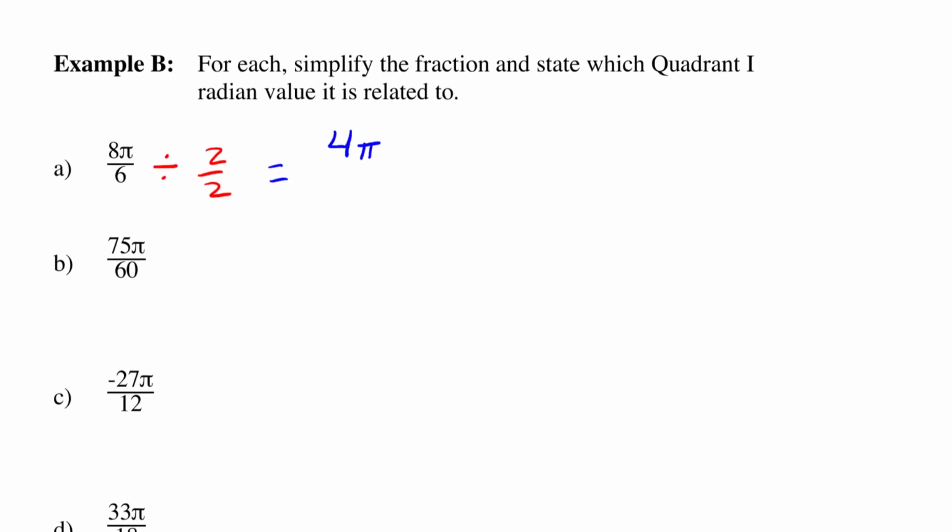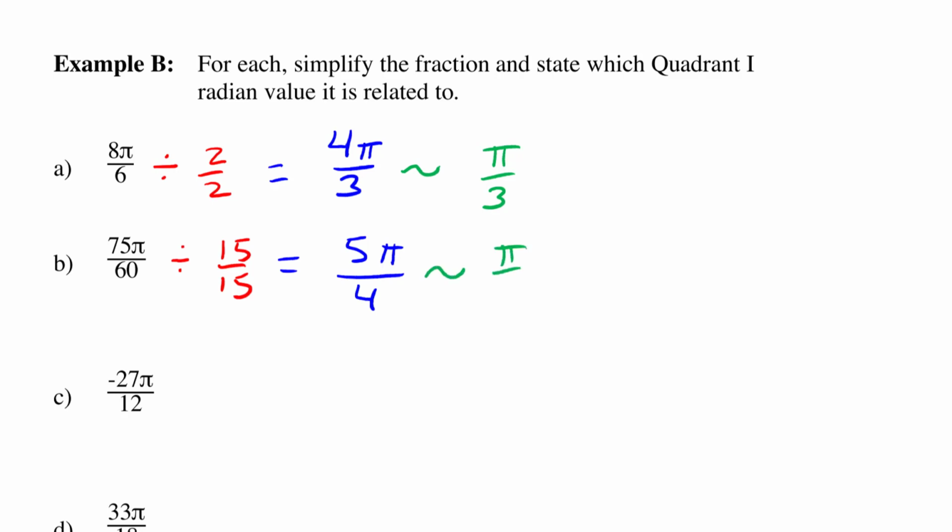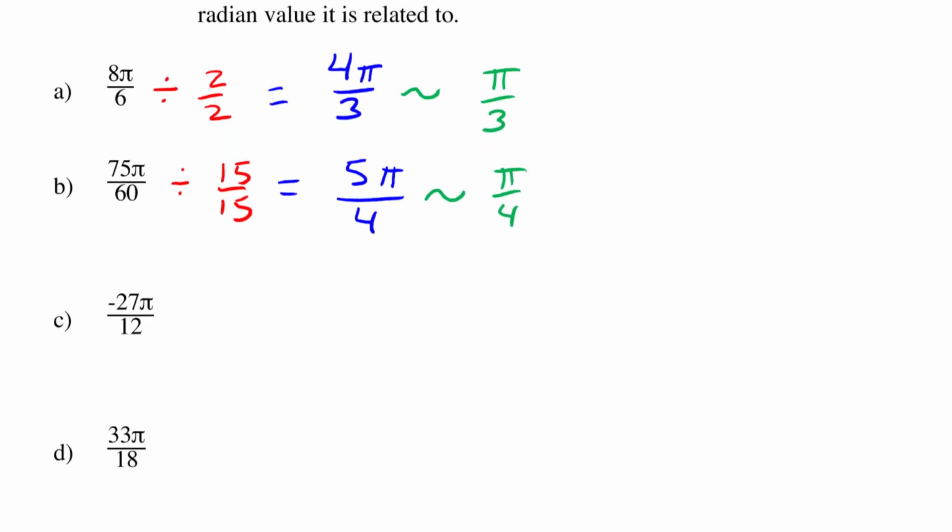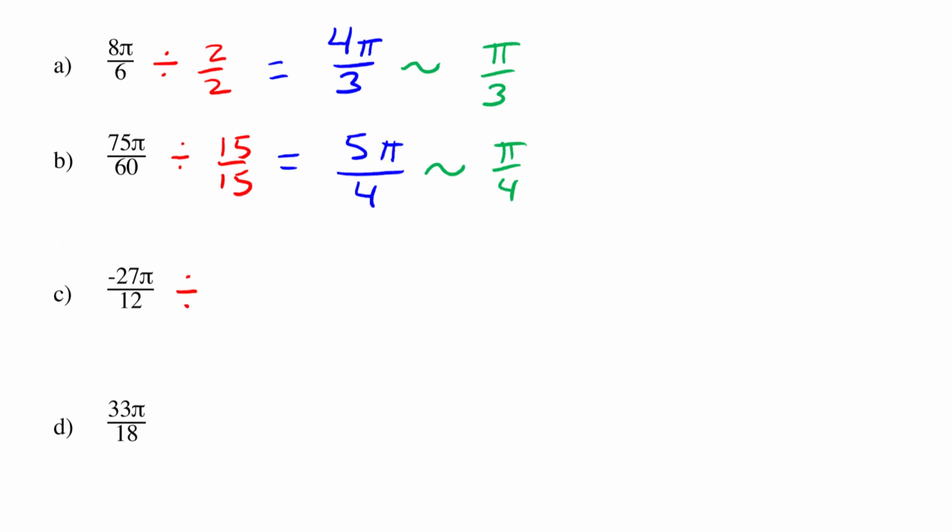So here we have some radian values, but we can't really indicate what they are until they are simplified. So 8 pi over 6 is not related to pi over 6, but it's related to pi over 3 because we simplify it first. And 75 pi over 60, you see, is actually related to pi over 4 after it's been simplified.